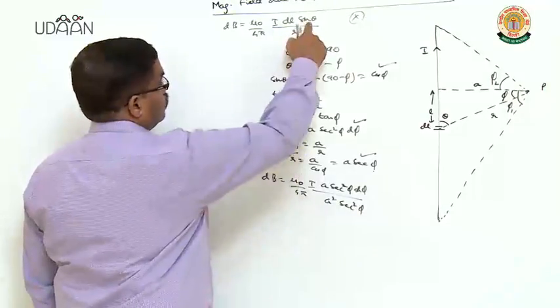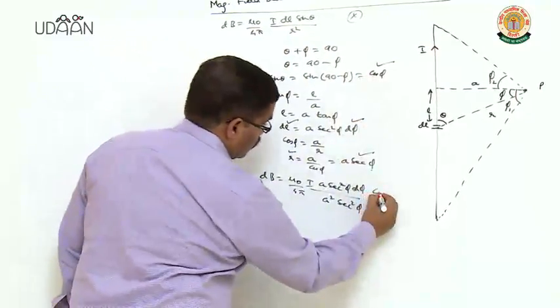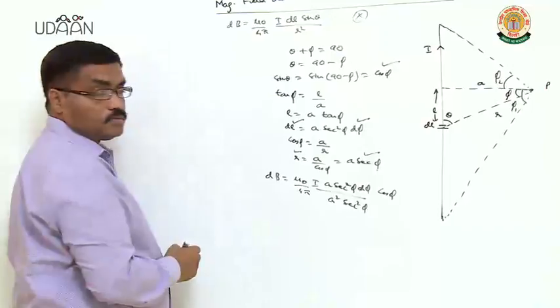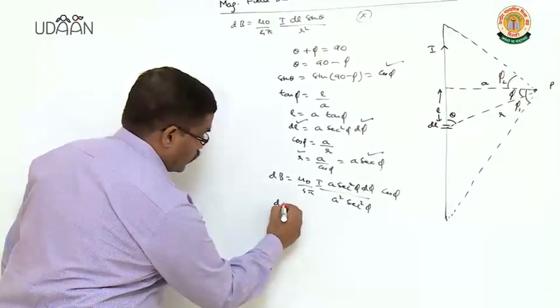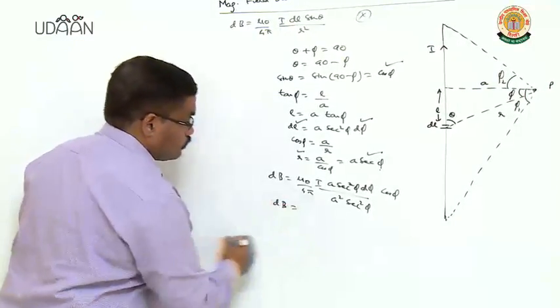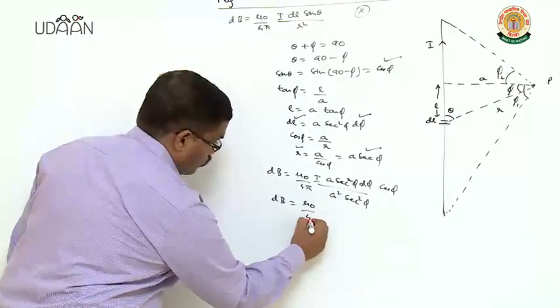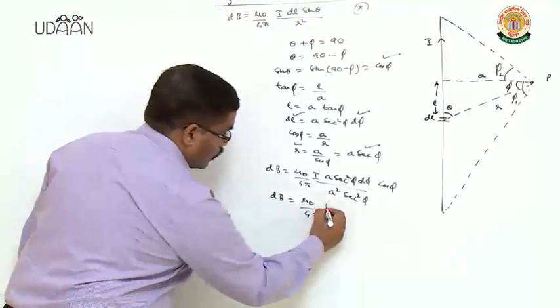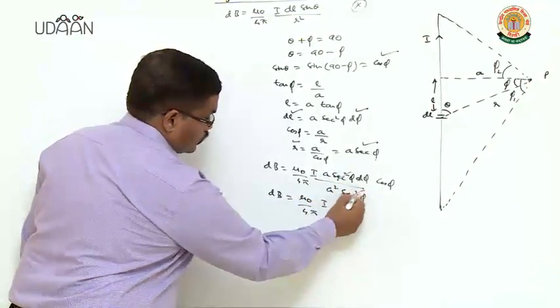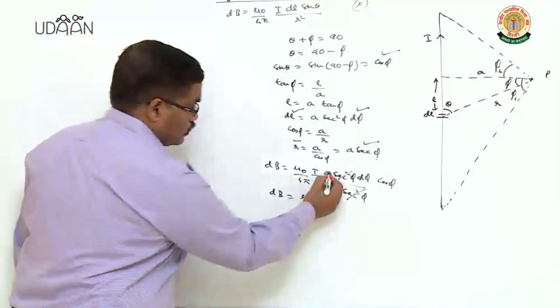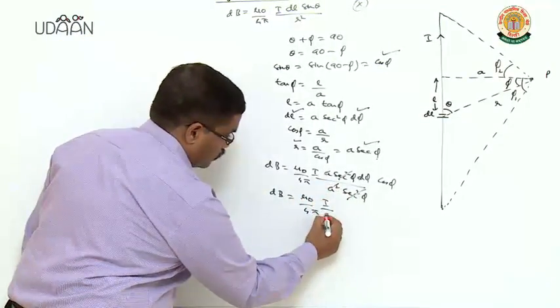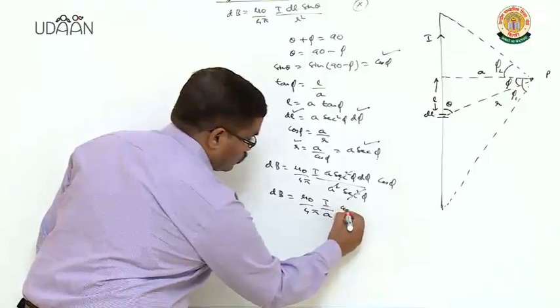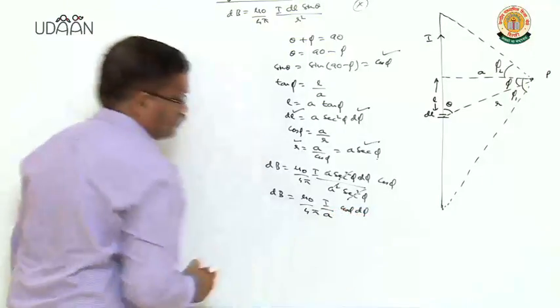Then I have sine theta. Instead of sine theta, I can write cos phi. So dB will be equal to mu naught upon 4 pi I, sec square phi gets cancelled, A and A get cancelled. So I will have I by A into cos phi d phi.